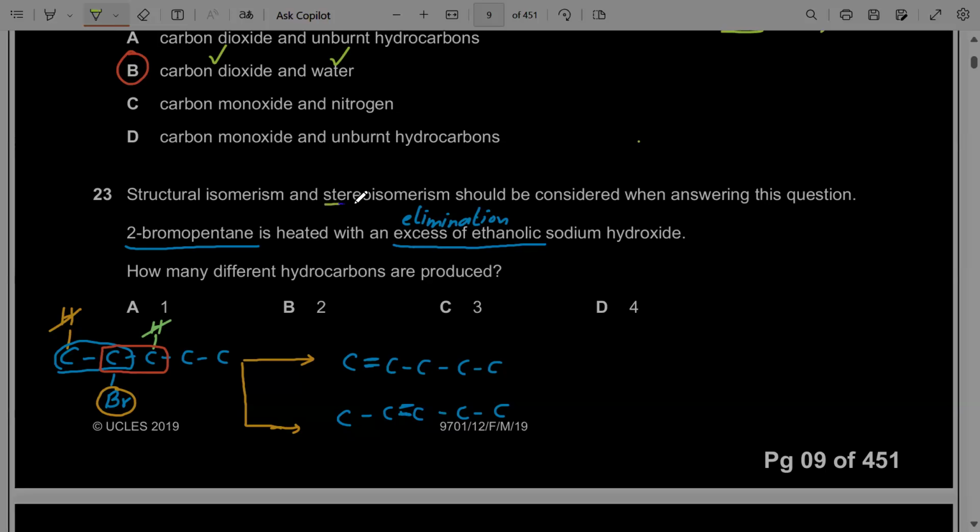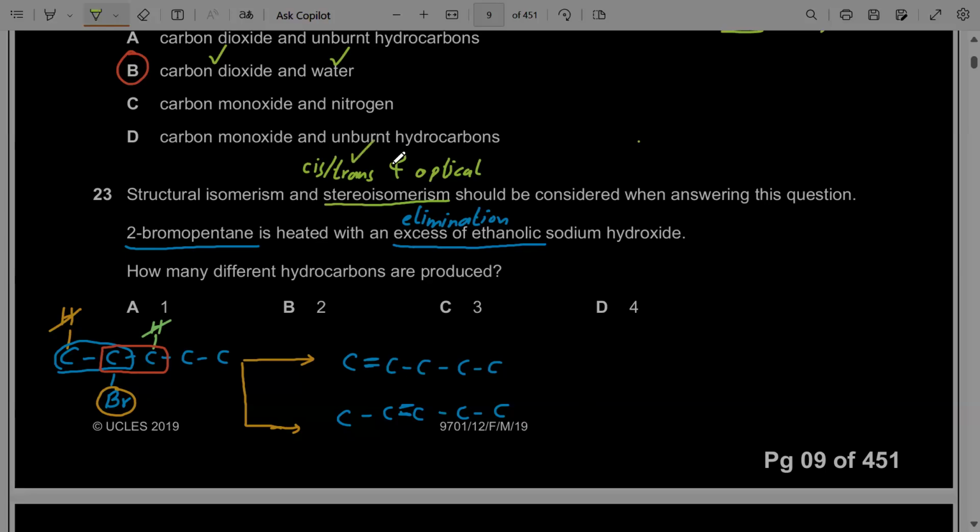They said that you have to consider stereoisomerism as well, which means you can consider cis trans, or you can call it geometrical isomerism. And the second part is optical isomerism. Now, optical isomerism is not there in either of these two compounds because we have no asymmetric or chiral carbon, because there are no 4 different groups of atoms attached to any of the carbon atoms in these two structures.